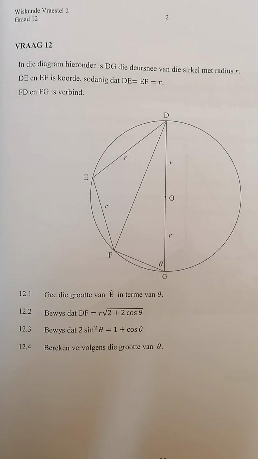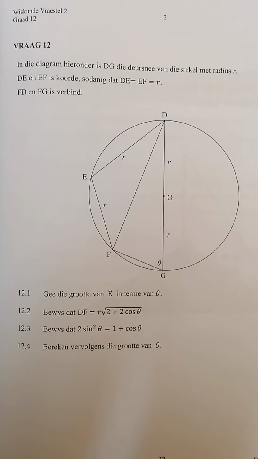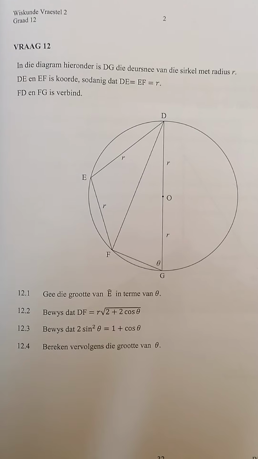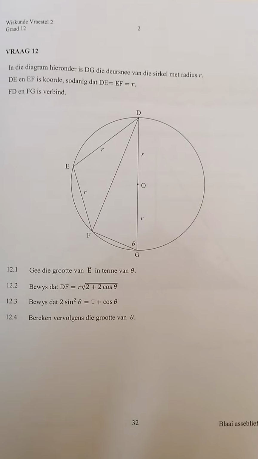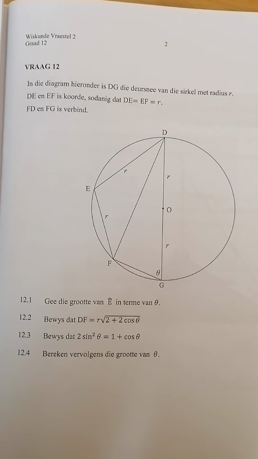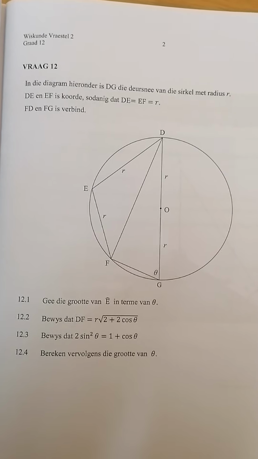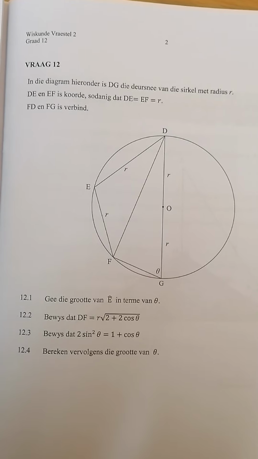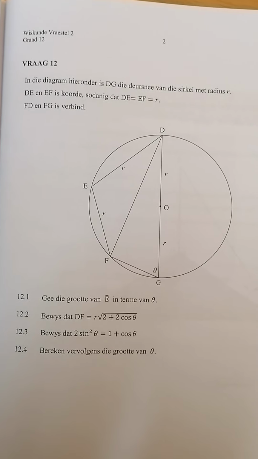With this information, we should be able to answer any question that they ask us. They go on to say, give the size of angle E in terms of theta.